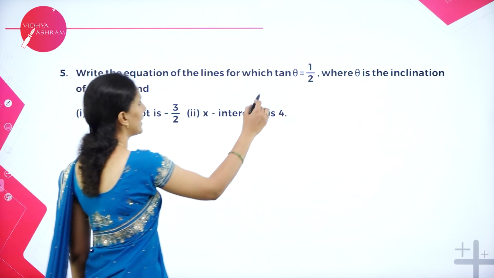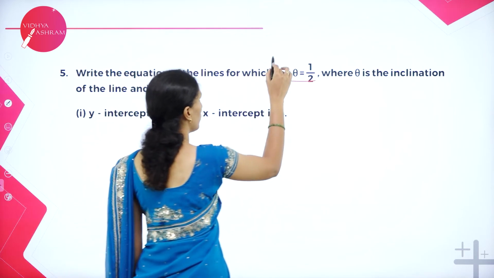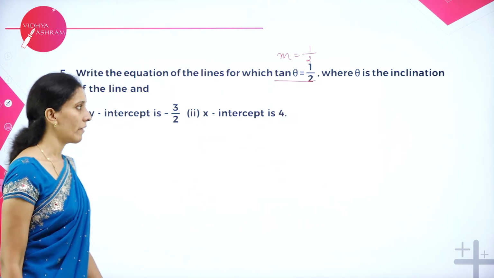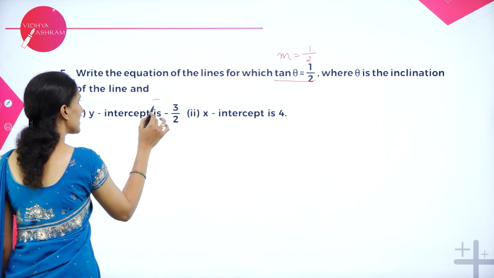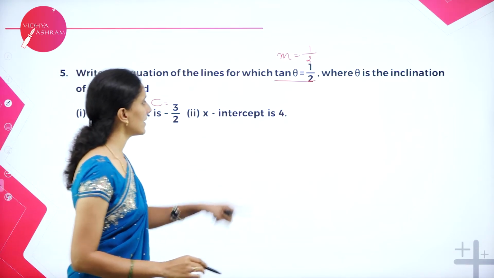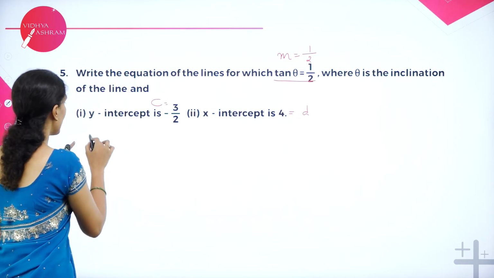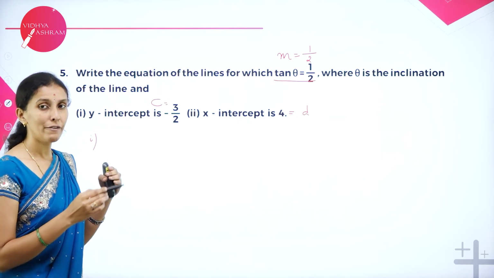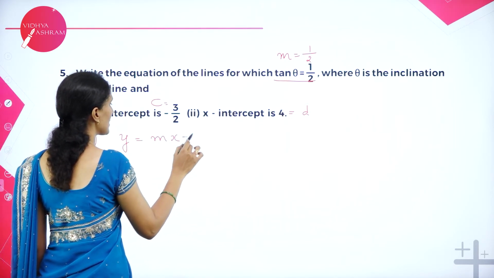Here tan theta is equal to half is given. What is tan theta? Your slope. Tan theta is nothing but the slope. So here m is given. In the next case, the y-intercept, that means c, is given, and here the x-intercept is given, that is nothing but d. So the first case is slope-intercept form whenever the y-intercept is given, that is y is equal to mx plus c.